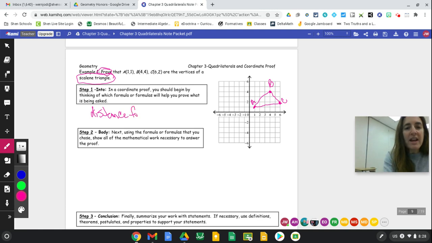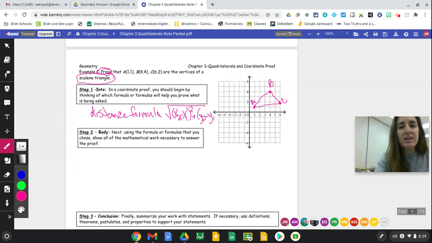Now, when you're using the distance formula, if you write out the formula once in your intro, then you don't have to write it all 3 times over again when you're doing the actual math. So I'm going to write my formula once in my intro, x2 minus x1 squared plus y2 minus y1 squared. And now that I've written that once, I don't have to write it each individual time as I do each side length.